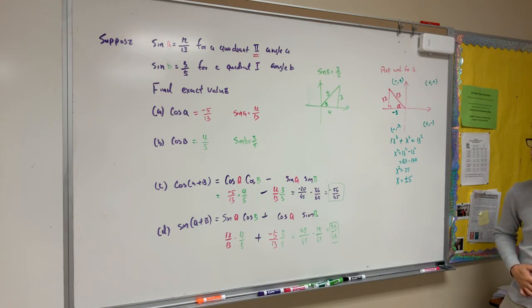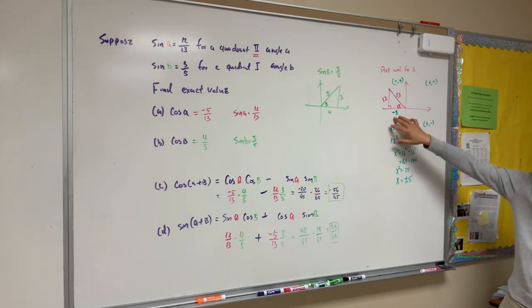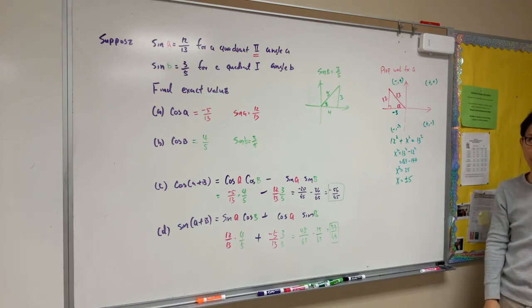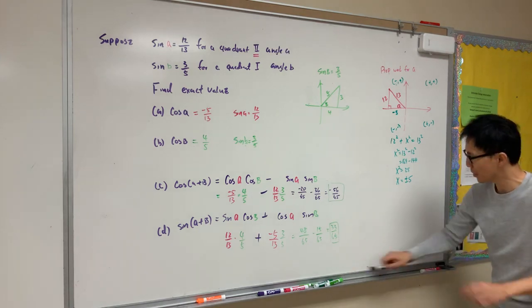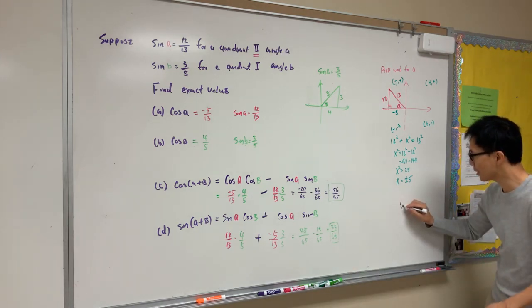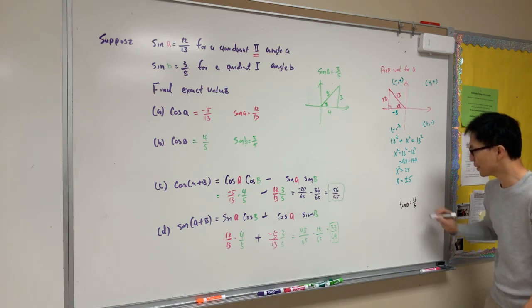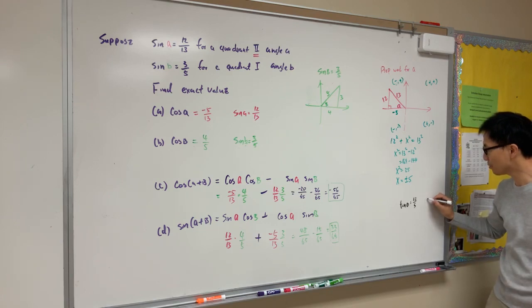It wasn't that hard, but the hardest part is this. Sometimes you get tangent positive, but it's in the third quadrant. What happens if tangent is positive? Tangent theta is equal to 12 over 5, and they are in the third quadrant.